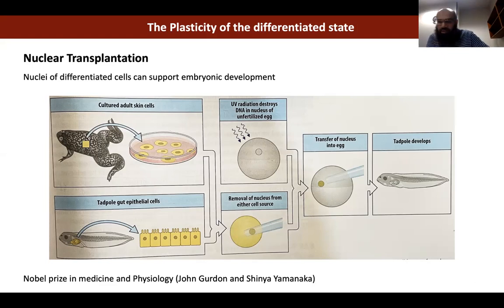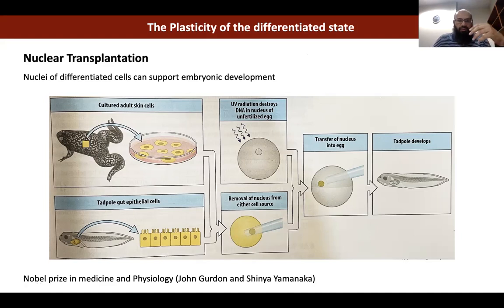The basic question they were asking is about the changes that happen in the genome, because those are the changes that are reflected in the phenotype of the differentiated cells. Can we reverse those changes that have happened in the genome of differentiated cells, and what are the determinants for reversing them?